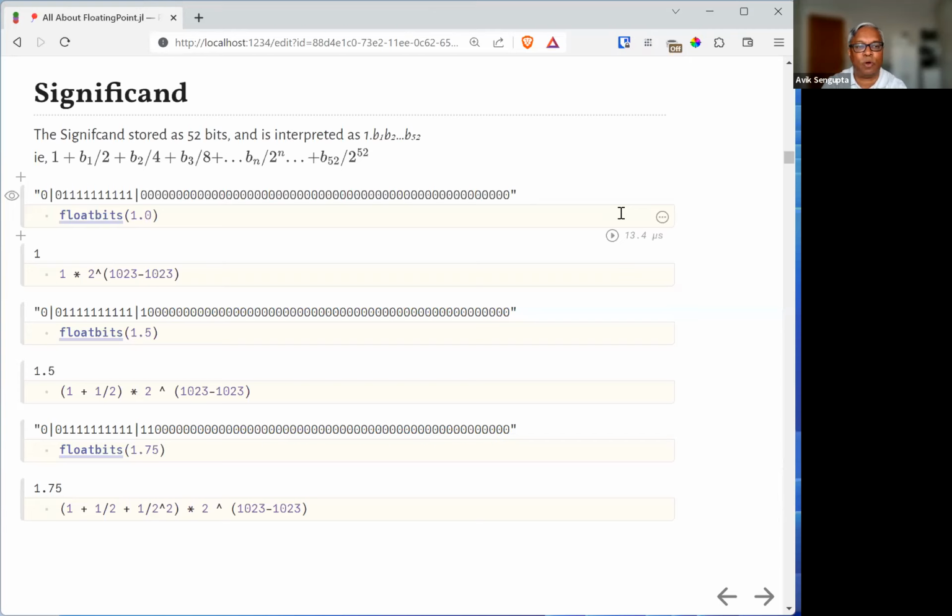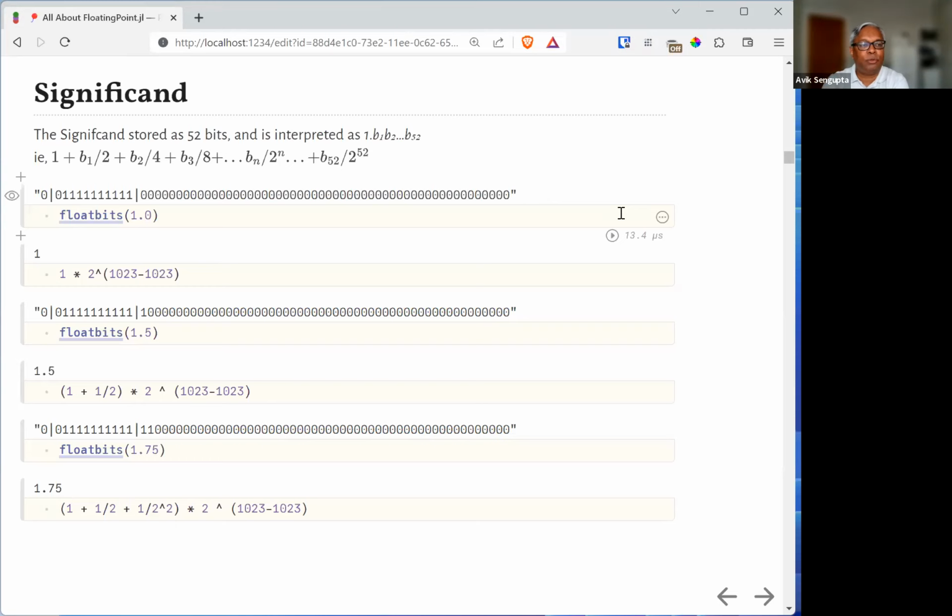So if the significand has 52 bits, you value the 52 bits as 1 plus the bit 1 by 2 plus the bit 2 by 4 plus the bit 3 by 8, and so on, up to the bit 52 by 2 to the power 52. So the place value of each of the digits of the significand is a power of 2, and the bits are 0 or 1, right?